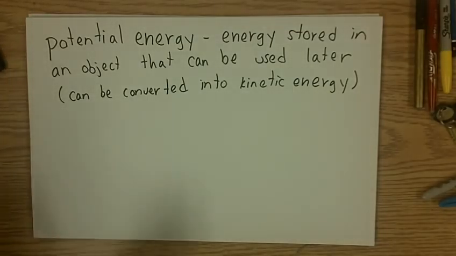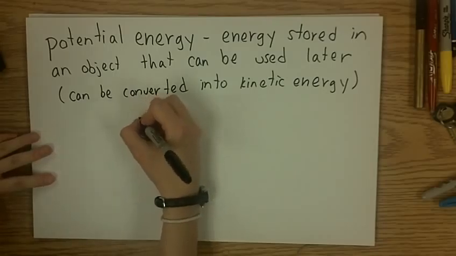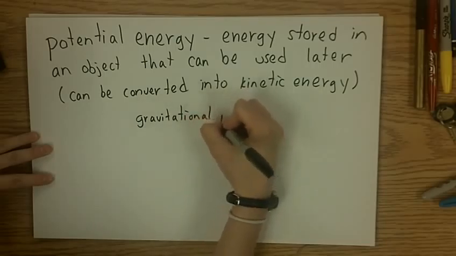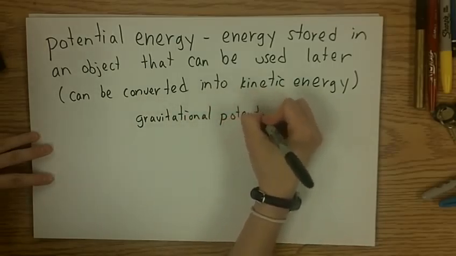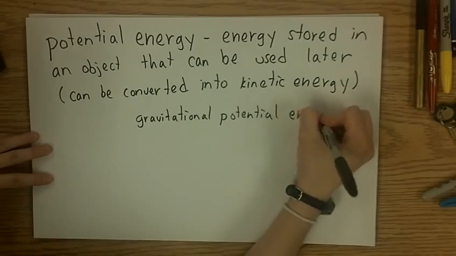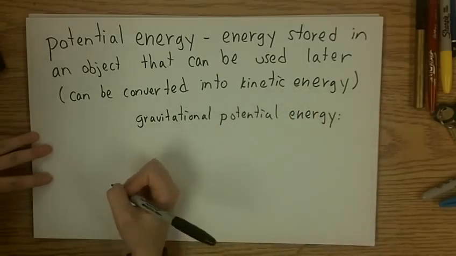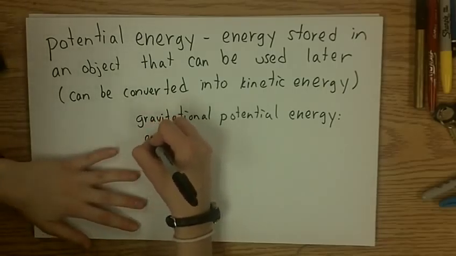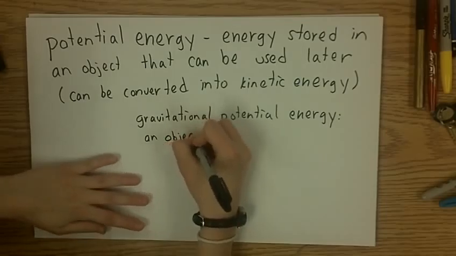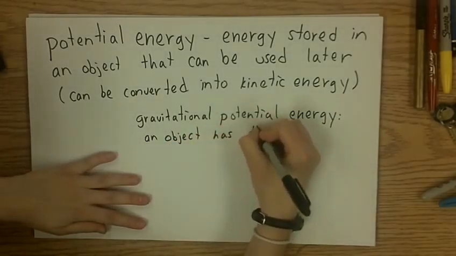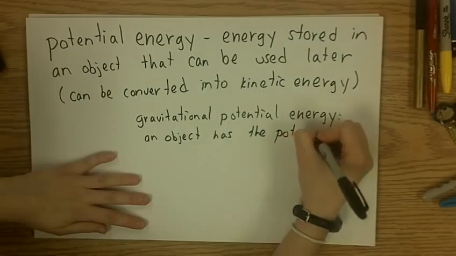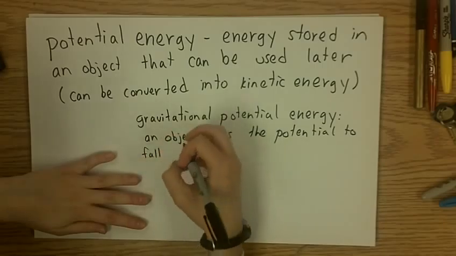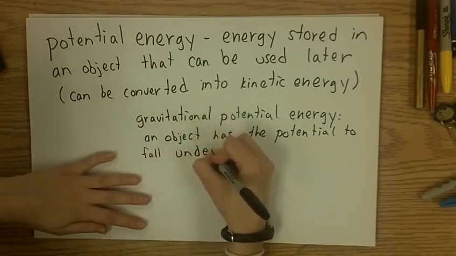A particular kind of potential energy that we're studying this course is gravitational potential energy. Gravitational potential energy is when an object has the potential to fall under the influence of gravity.